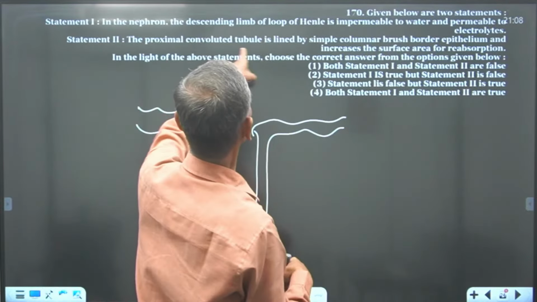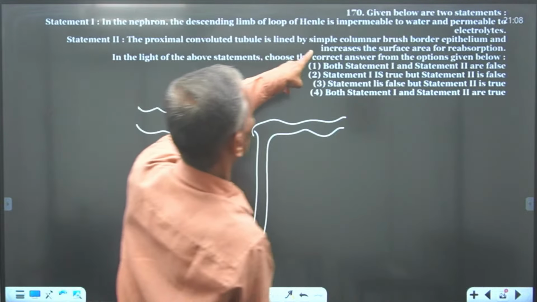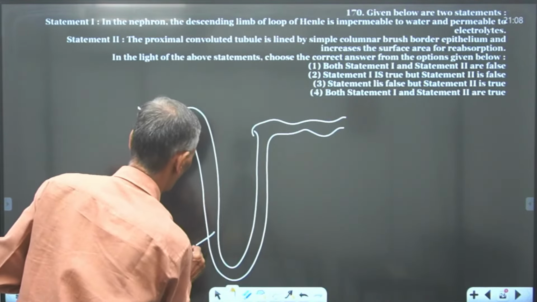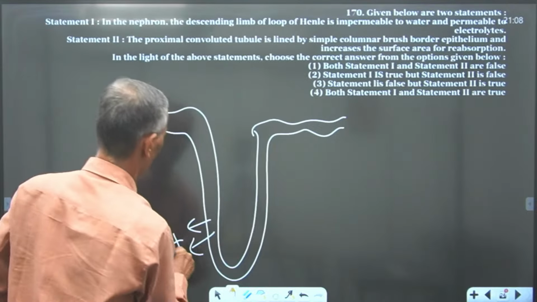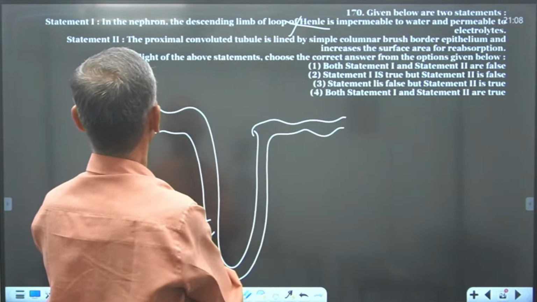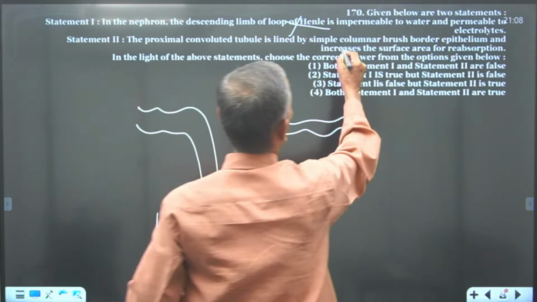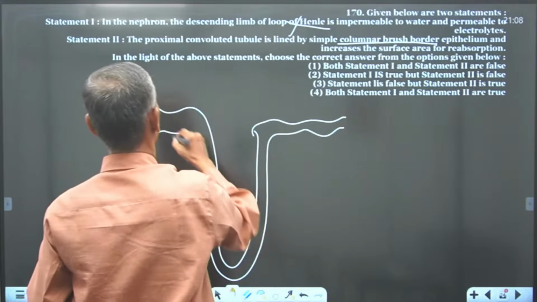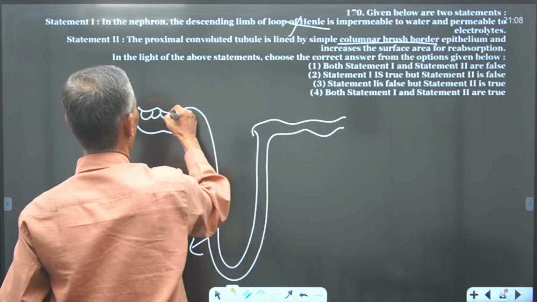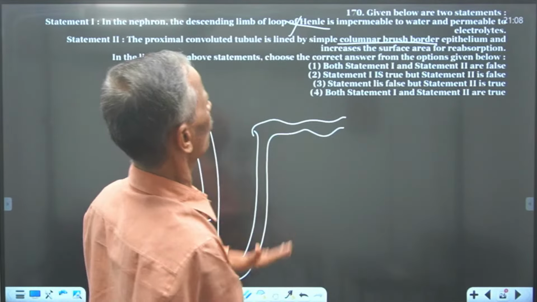Okay. Descending limb of loop of Henle is impermeable to water. No, it is freely permeable to water. Water goes out. So this is wrong. Proximal convoluted tubule is lined by cuboidal. Here you are having cuboidal, brush-bordered epithelium which is abundant with mitochondria.